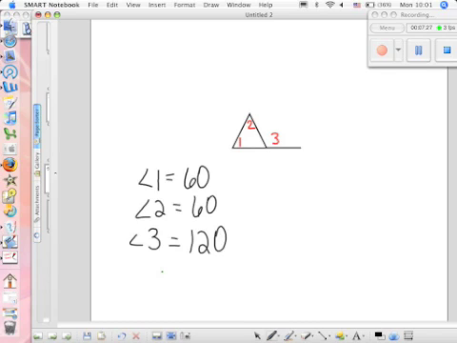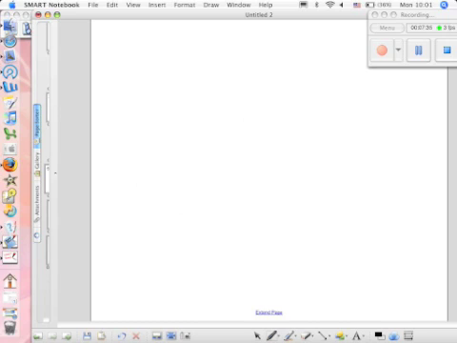Parallel lines, triangles, and the things we know about them. And then the other thing we need to know is polygons. All of the exterior angles of any polygon, however many sides, 3 sides, 5 sides, 10 sides, 50 sides, the exterior angles add up to what? 360 degrees.